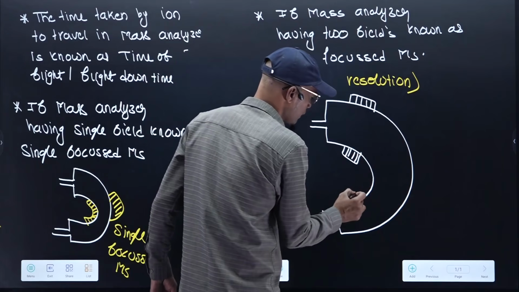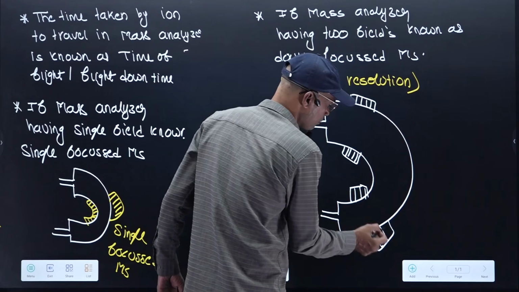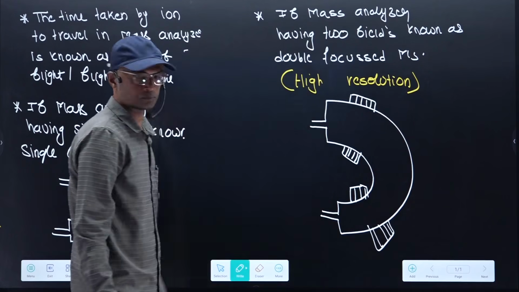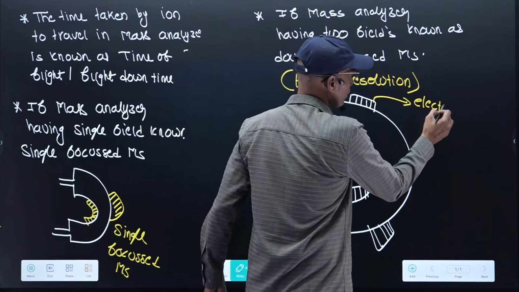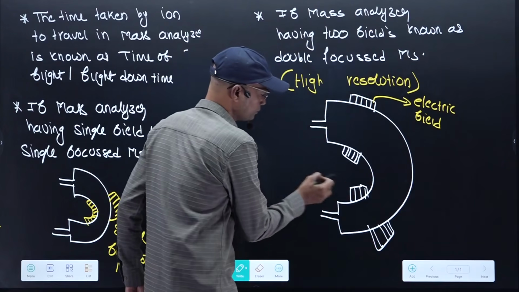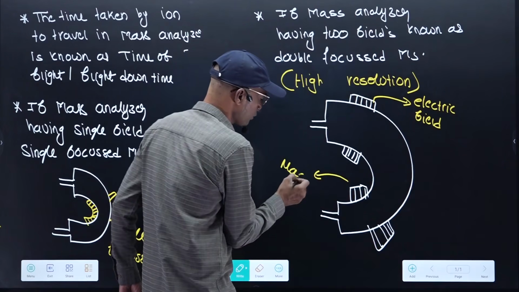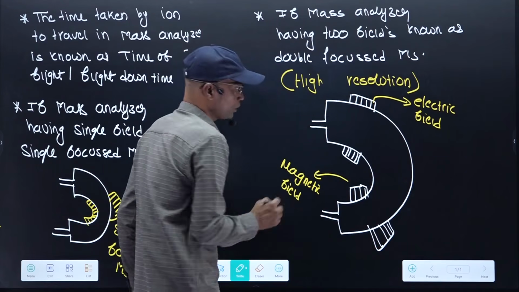This is the electric field, and this is the magnetic field. Here I am using an electric field as the first field, and this is the magnetic field. Two fields are being used now.